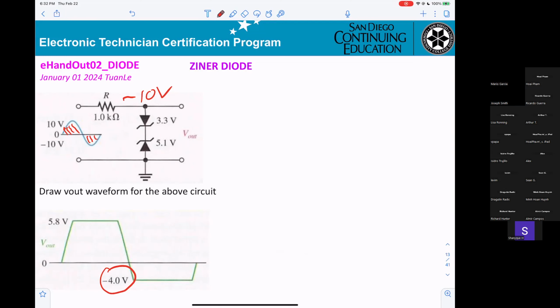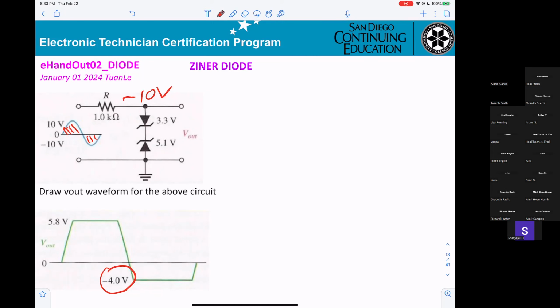So if the first Zener breaks down, right? Now 10 here, minus 10. This breaks down at 3.3, right? So they cannot break down. You see that? They cannot break down.